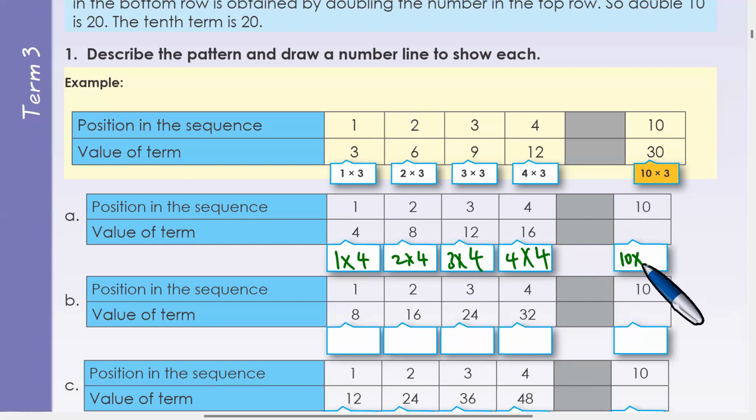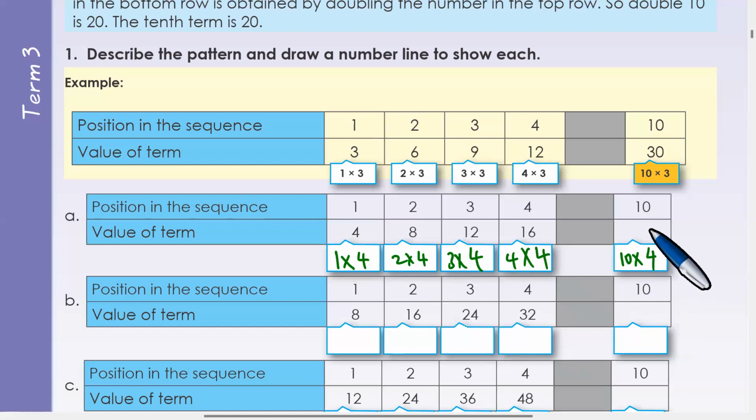You start with the position. Then it must be multiplied with what here? But you are multiplying by 4, by 4, by 4, so it can't change. Just the position times 4, the position times 4, the position times 4.